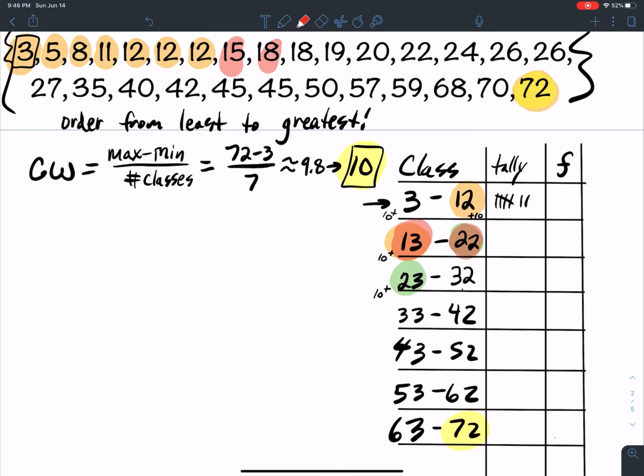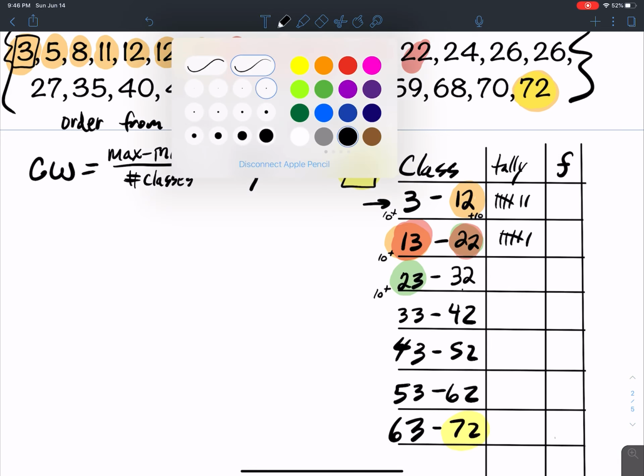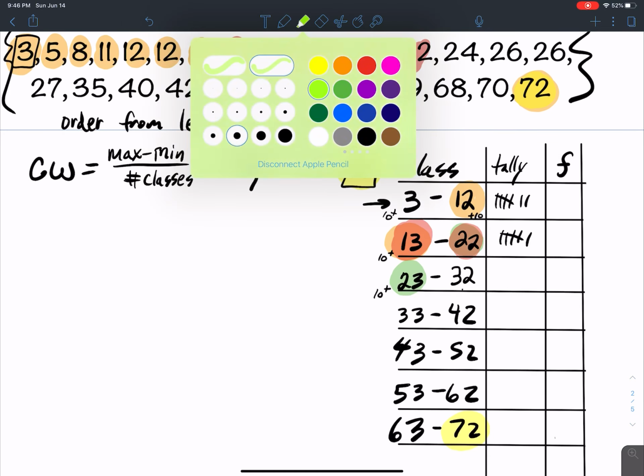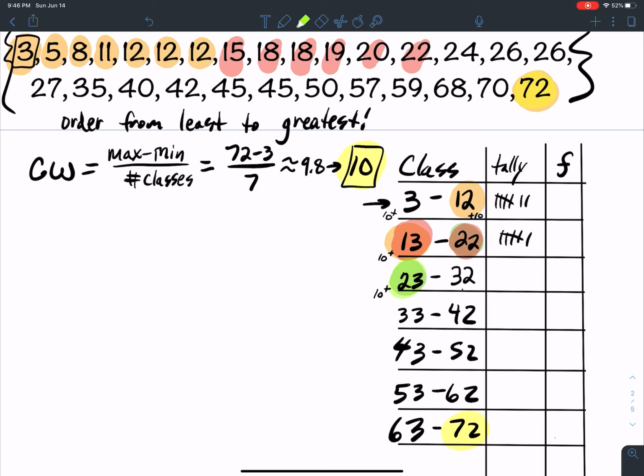So 1, 2, 3, 4, 5, 6. The reason you're doing tally marks here, people, is because if they're not in order, then it's a little bit more challenging to just list them out. So when we tally mark them, we're marking them out as we go.